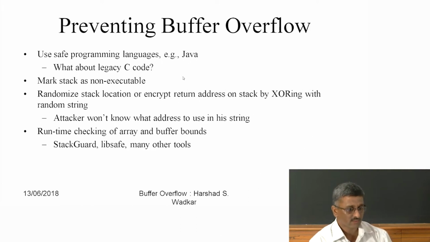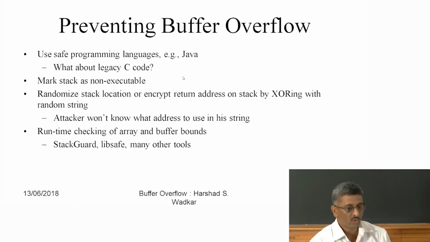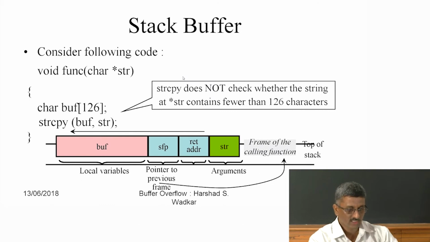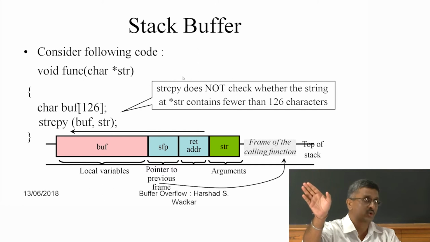The first thing is to use safe languages, but forget that point for now. Mark the stack as non-executable. It means the SFP and return addresses where the code will go will not lead to executable code. Okay?